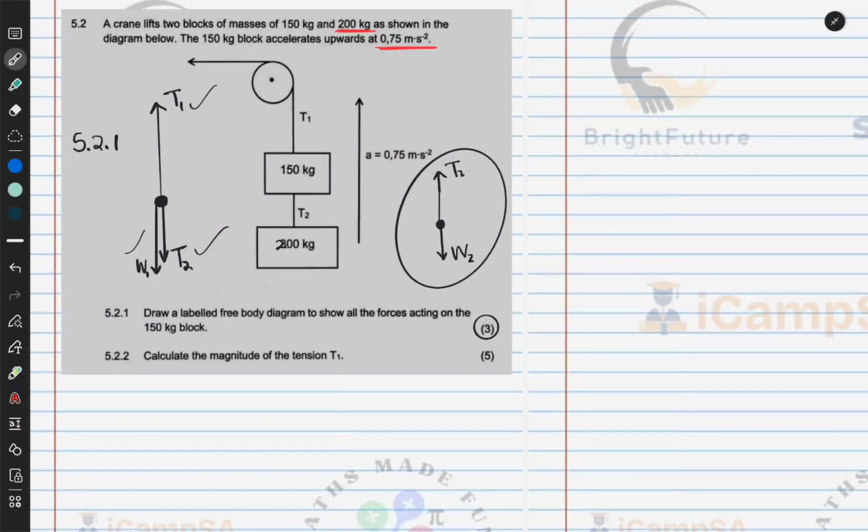So in this case, what usually happens is whenever you find a situation like this where you have 2 blocks that are connected by a string and are being pulled using a certain amount of force, and then they're accelerating, usually at a constant acceleration, like in this case. So you have two methods in which you can solve problems like this one.